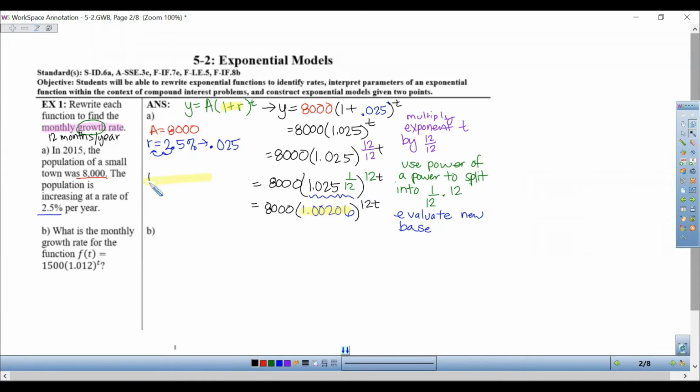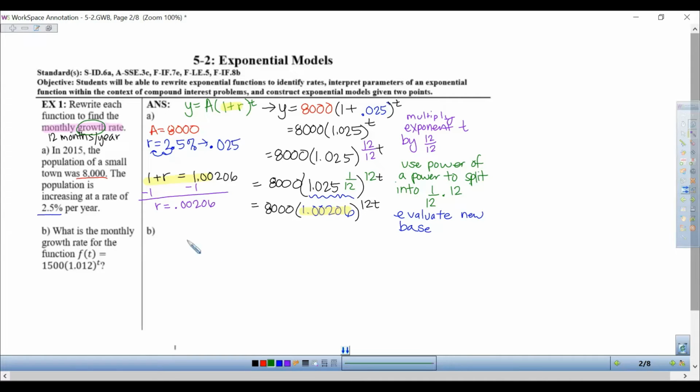So we're going to do 1 plus our growth rate equals 1.00206. So then I would just subtract 1, and that will give me my growth rate. So R is equal to 0.00206.